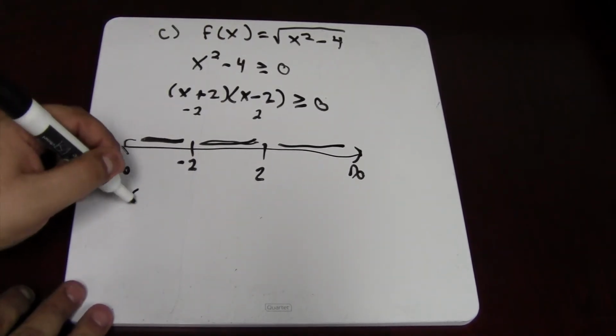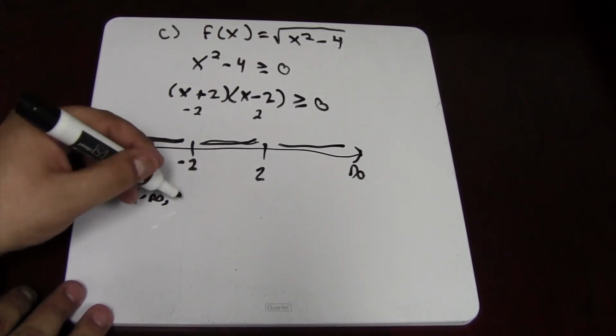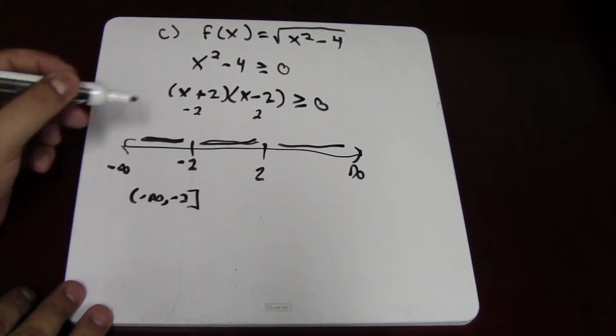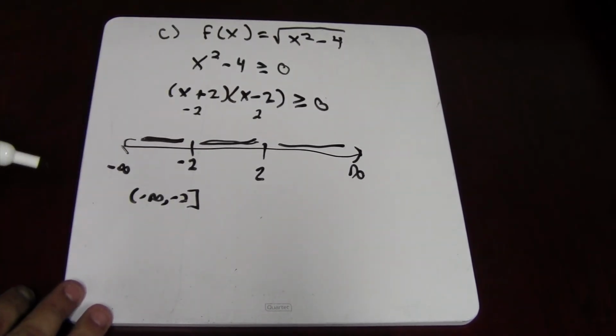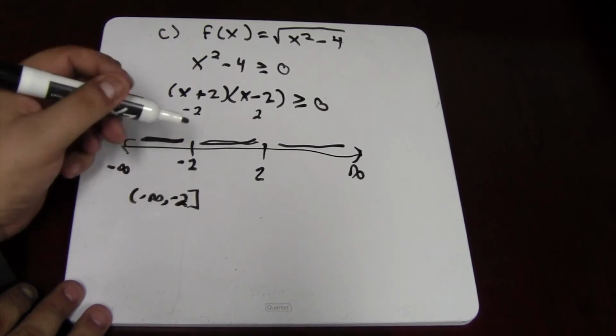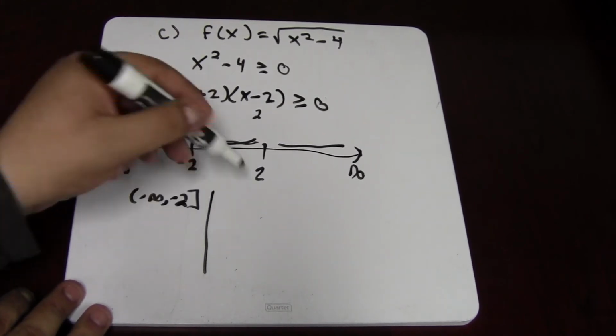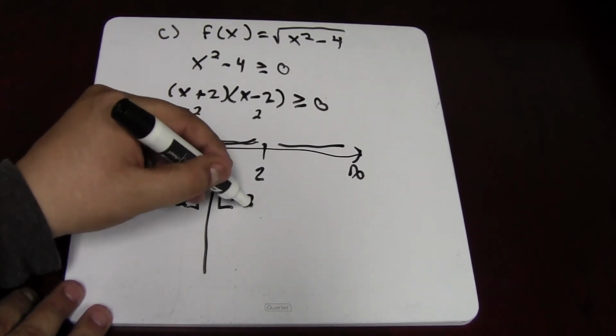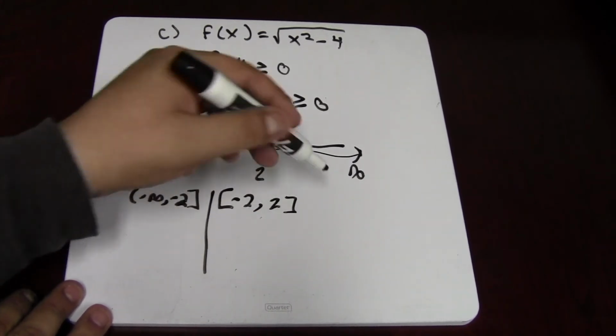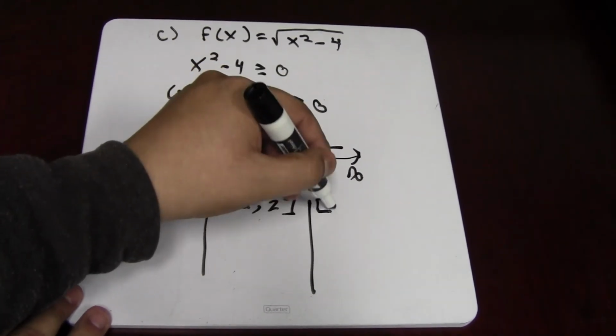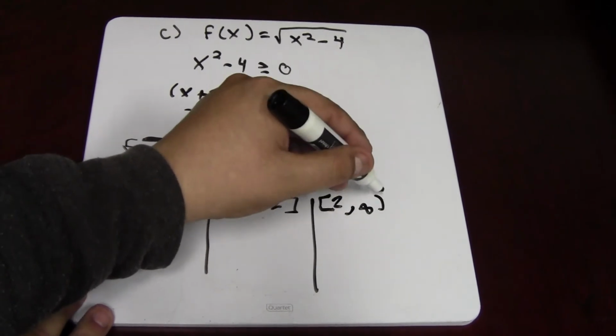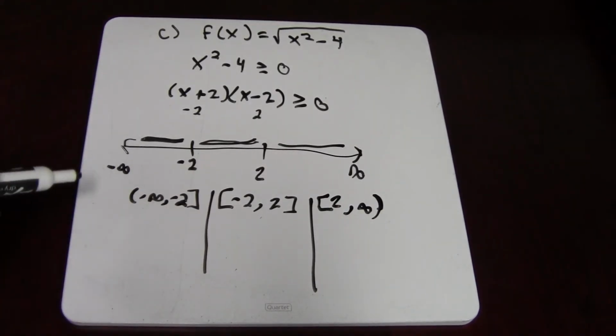So we have these intervals, negative infinity to negative 2. Notice I'm putting a bracket here because of that equal to line. We also need to test negative 2 to 2. And we also need to test 2 to infinity. Now, brackets don't go around the infinities.